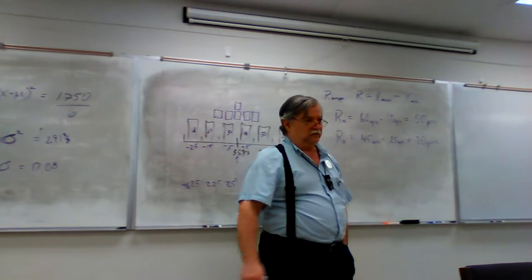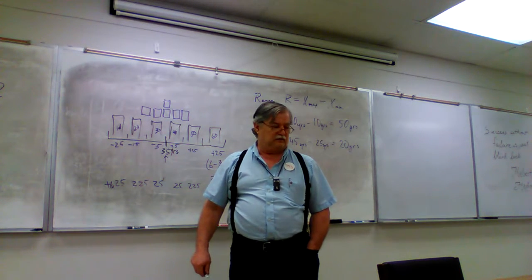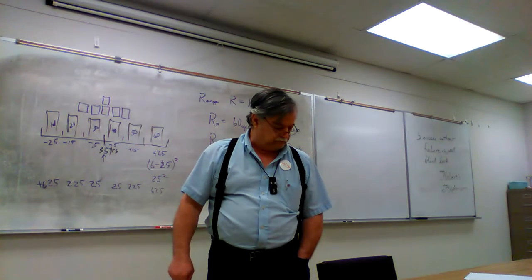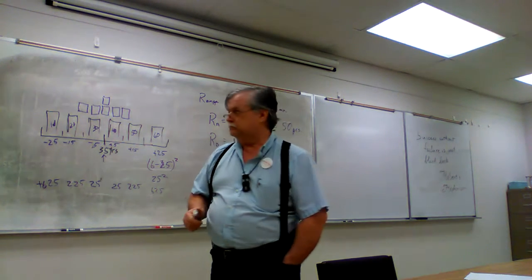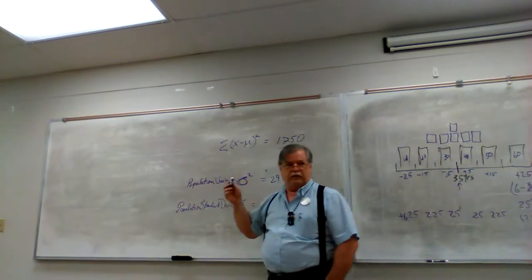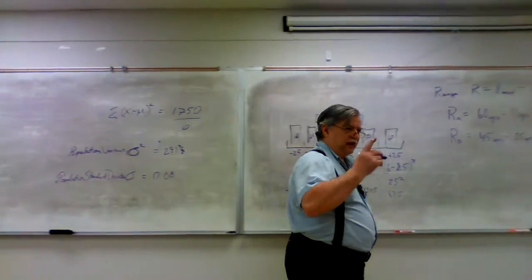And then that number is taken as a square root to get to the standard deviation. This, of course, is for the population as a whole. What about for just a sample?